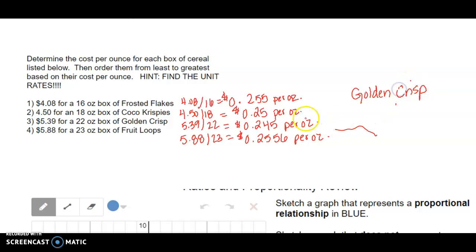Then the next highest would be Cocoa Crispies, with 25 cents. Then comes Frosted Flakes. And then last but not least is the Fruit Loops.